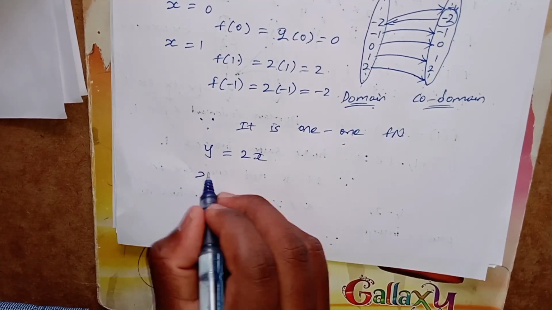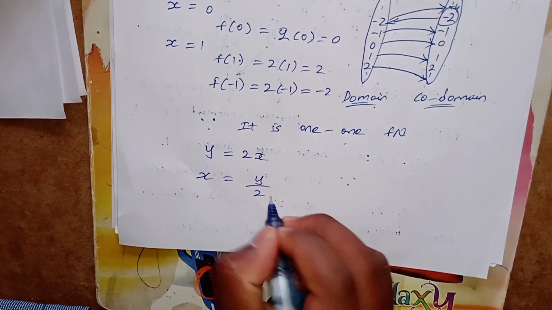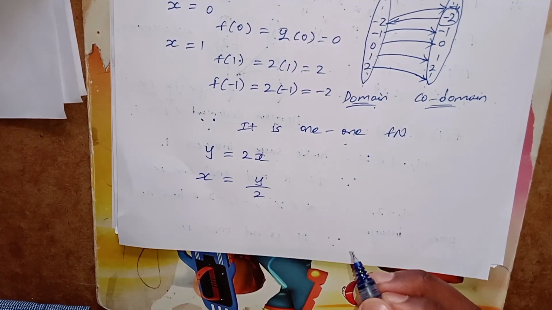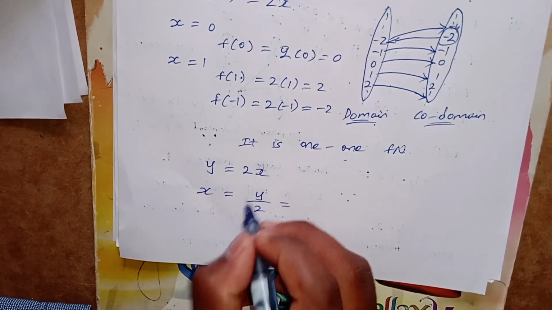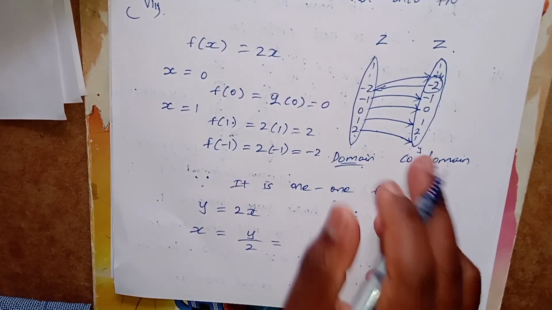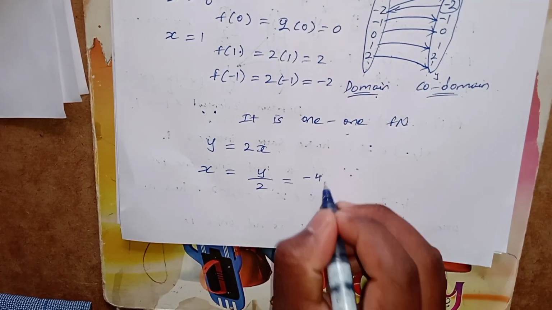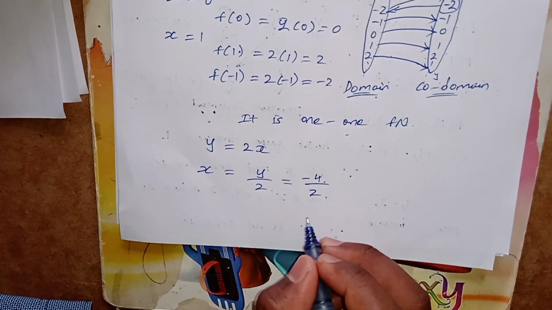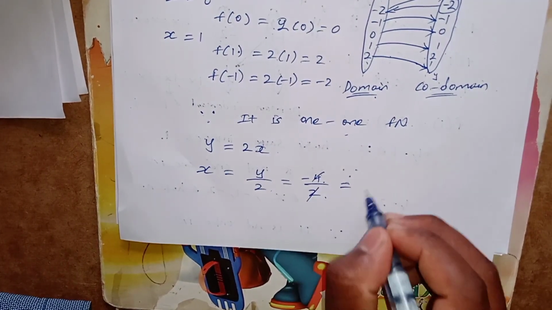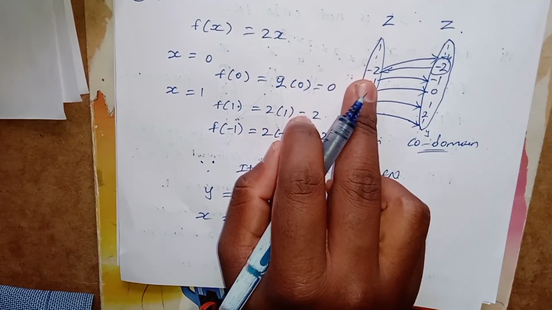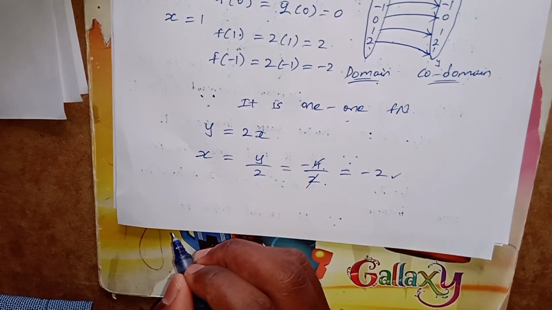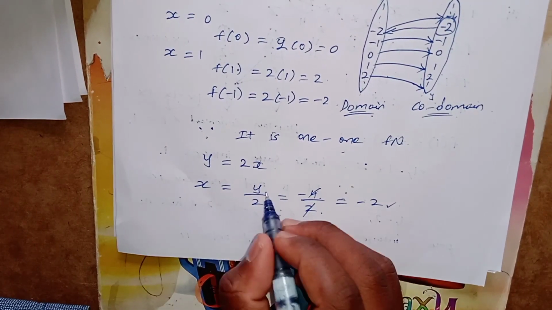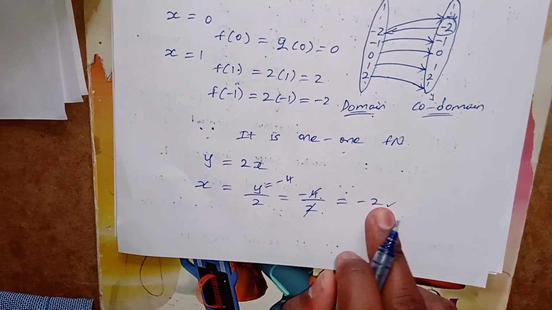Here x equal to y by 2. Next I am substituting y equal to -4, -4 divided by 2. Therefore here it is -2. -2 belongs to integers. Therefore for y equal to -4, x equal to -2.